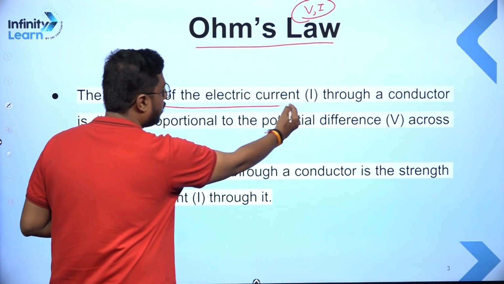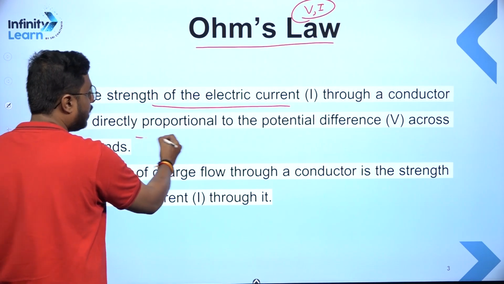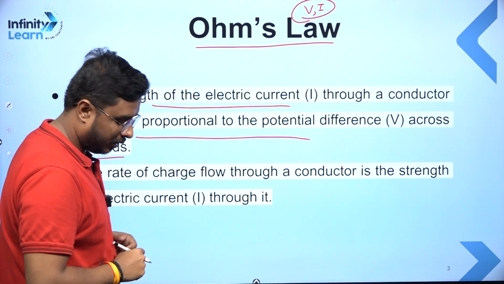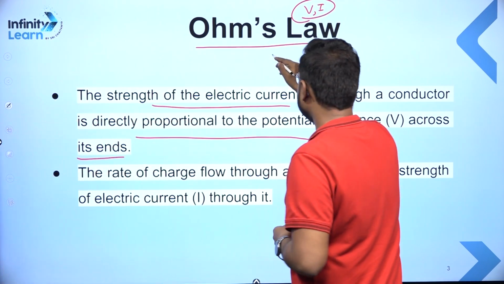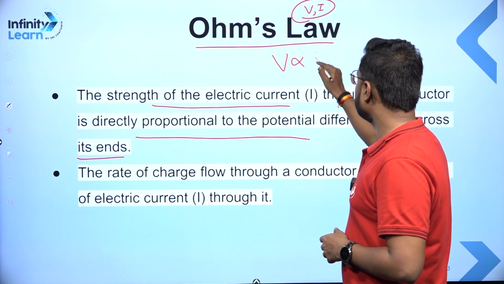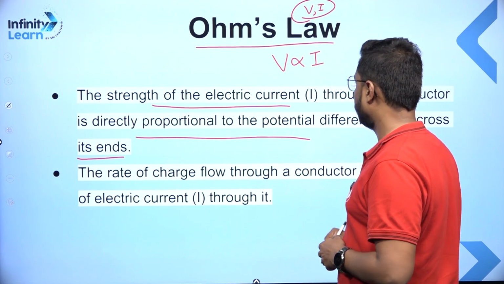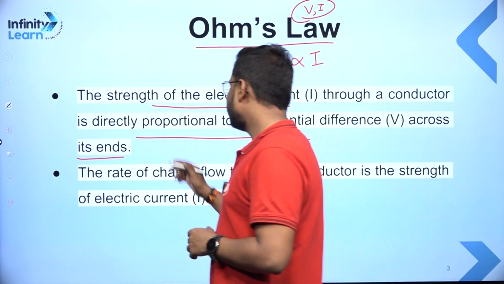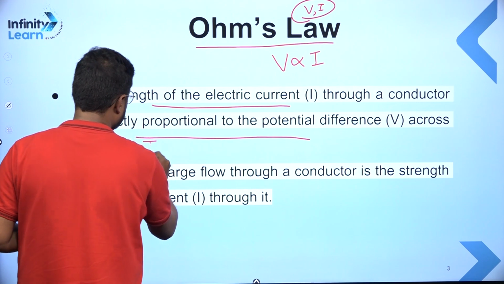The strength of the electric current through a conductor is directly proportional to the potential difference applied across the ends of the conductor. Meaning the potential difference applied across the ends of a conductor is directly proportional to the current flowing in the conductor. And one very important thing you can add here: the physical conditions should be constant.